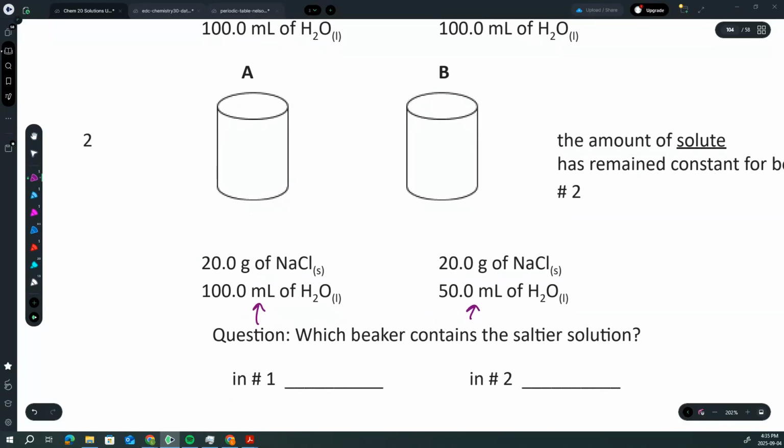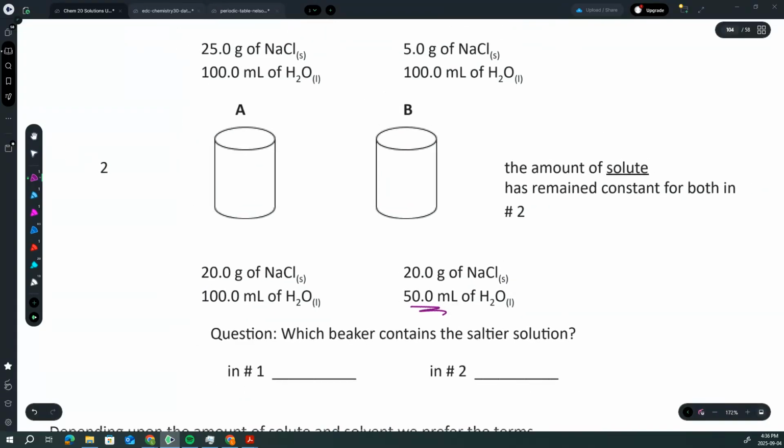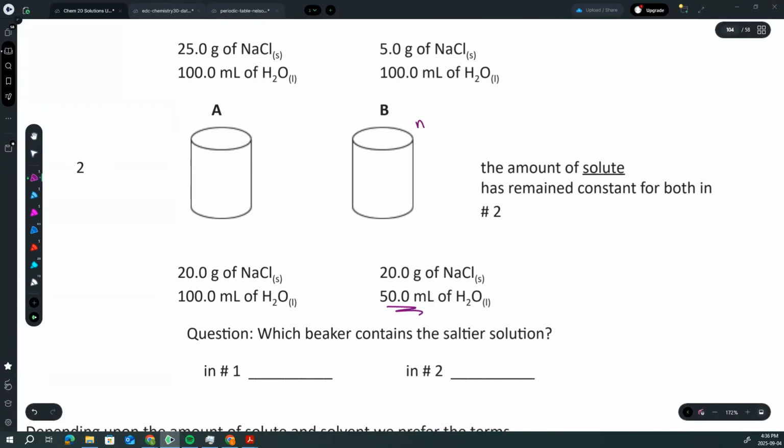So, looking at solution A, we have more solvent compared to solution B. And what this will mean is since we have less solvent in solution B, that's going to be the more concentrated solution. Whereas A is going to be the dilute solution.